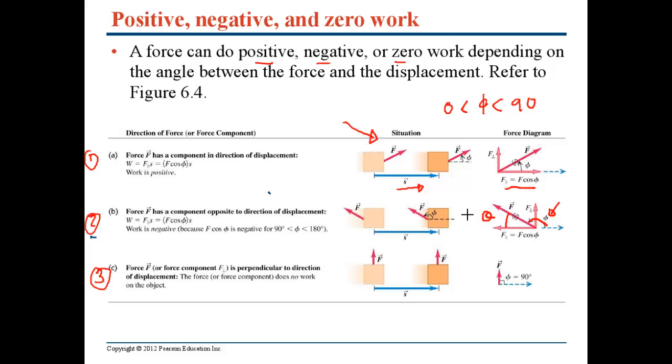What I tend to do is use this angle theta to break up my force into the parallel and perpendicular components, and then just keep in the back of my head that work is going to be negative because force and displacement are in opposite directions.